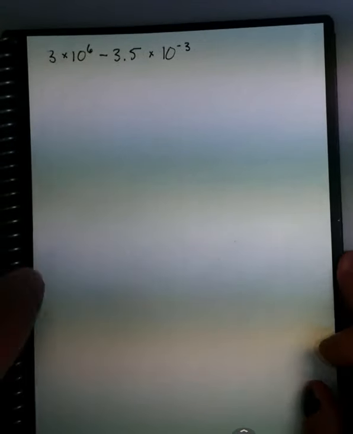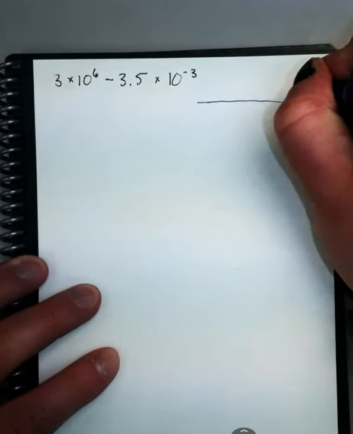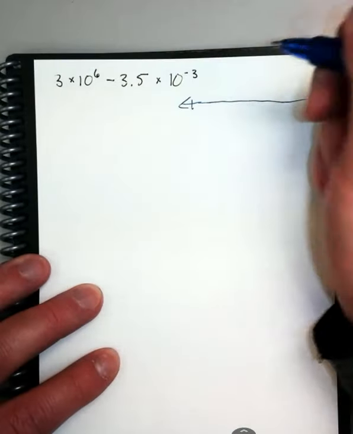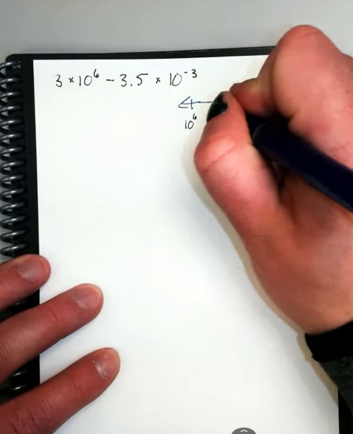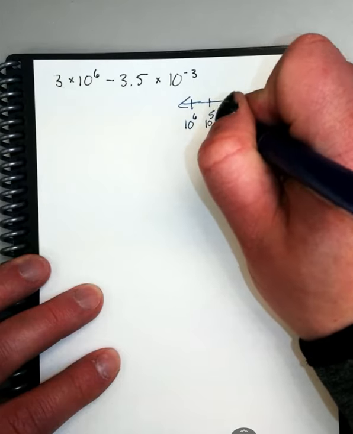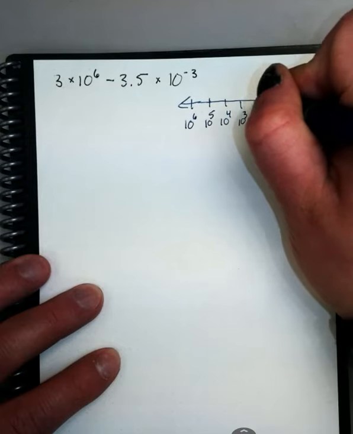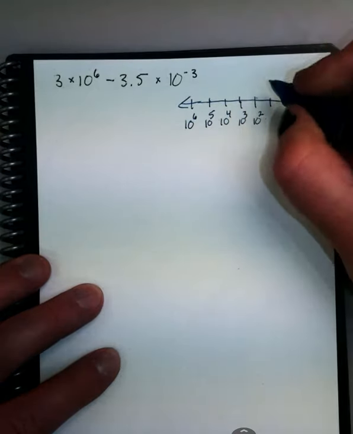In our next example, we have place values that do not line up. And if you remember what we did in our first video on adding numbers in scientific notation, we looked at where our powers lie on a number line to figure out how many place values we needed to move.